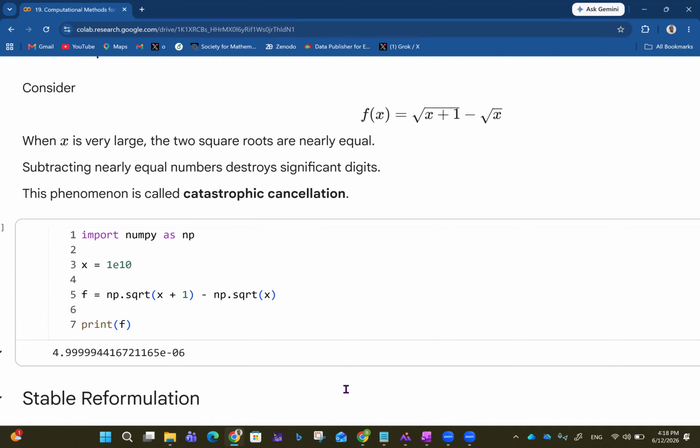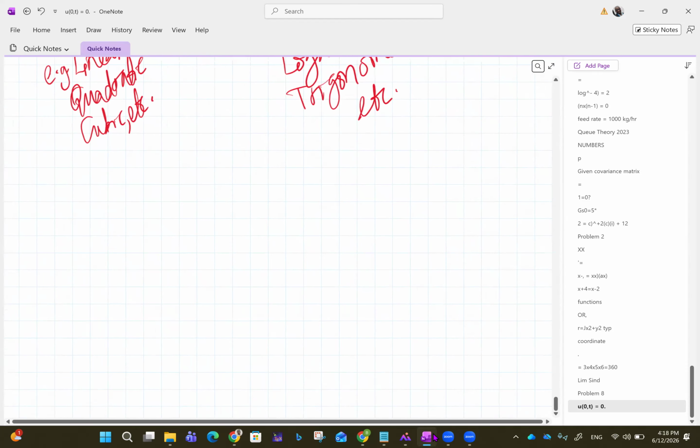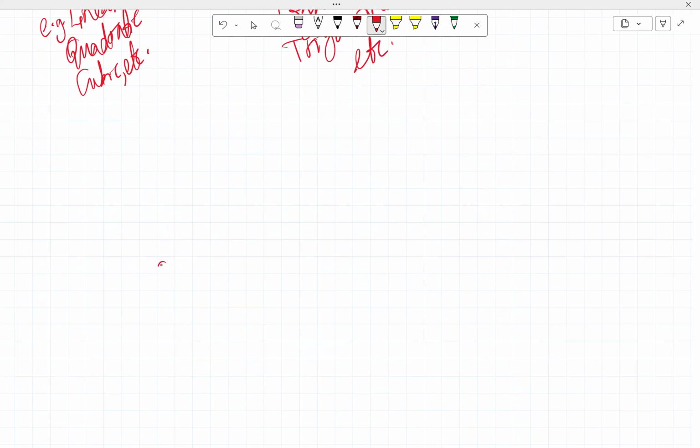Imagine you have x to be 10 raised to power 10, or e raised to power 10, something like that. And then you have square root of x plus 1 and square root of x. They are nearly the same, except that one has 1 in addition to itself. So by the time you do that difference, you have something like 4.999, roughly 5 times 10 raised to power minus 6.